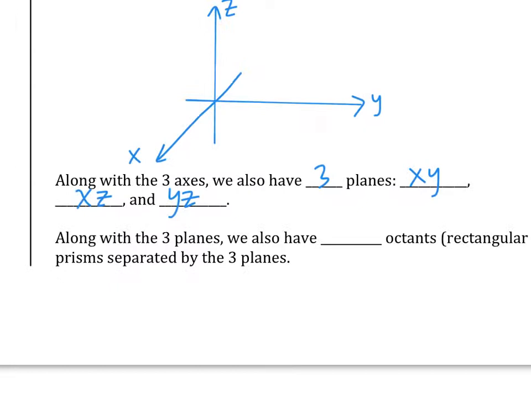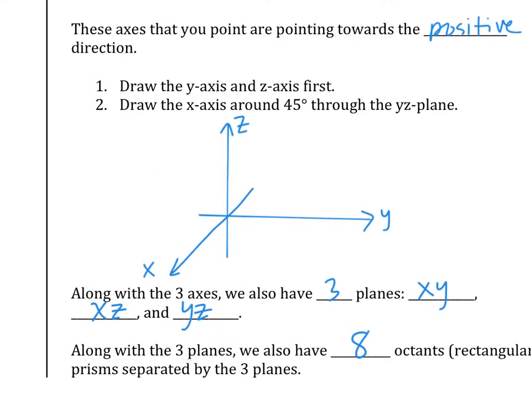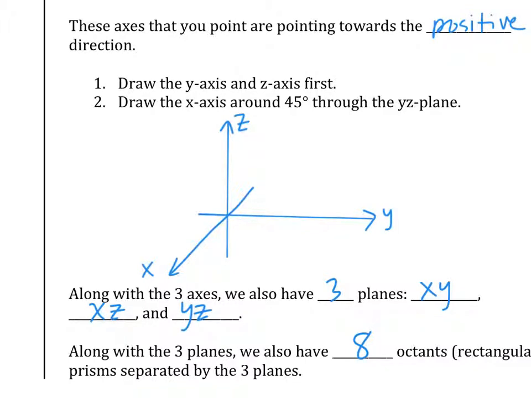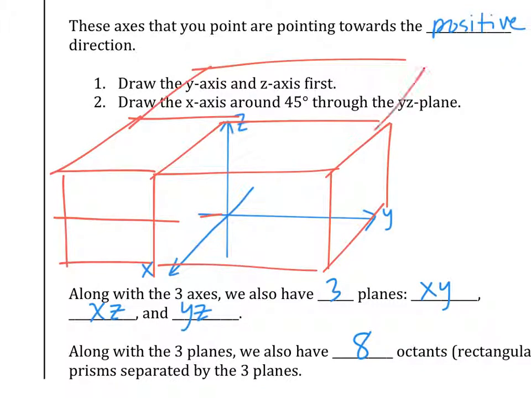One more thing. Along with the three planes, we also have 8 octants. Eight octants means eight areas that are broken up by these planes. I'm going to try to draw this in a different color. You don't have to draw this. Right, this is one cube, and then here you have another one, and in the back you have another one.